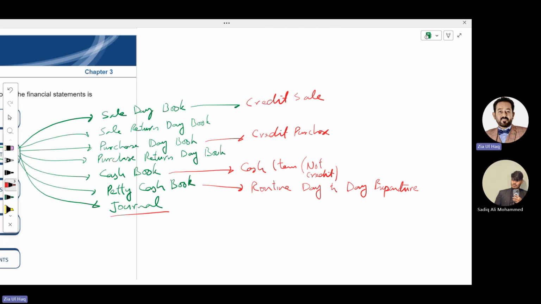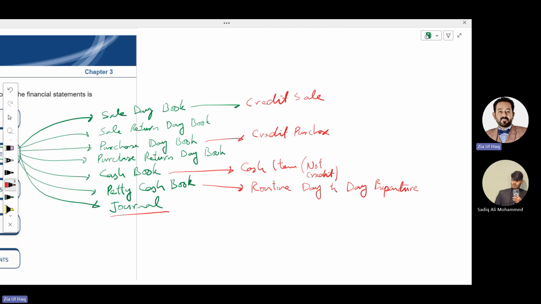The business needs to buy paper for the printer, a stapler, pens, stationery. Those day-to-day routine expenditures will be recorded in the petty cash book. Employee tea material like milk, tea, sugar, those expenditures will be recorded in petty cash. If you have sent an employee to deliver something to another party, the fare used while delivering the goods will be recorded in petty cash.